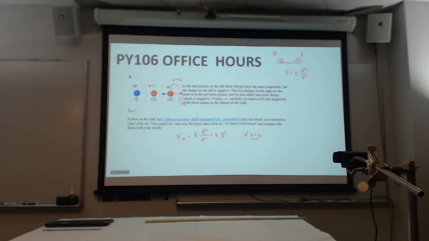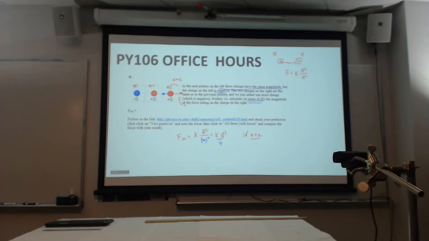Exactly. 2A squared, 4. Correct. If A equals 1, 4. Yeah. Thank you. So the charge on the left is negative, 2 charges on the right. And we just add 1 more charge. Predict in terms of F.